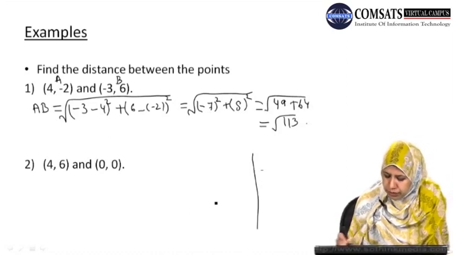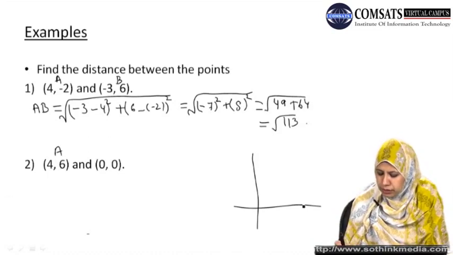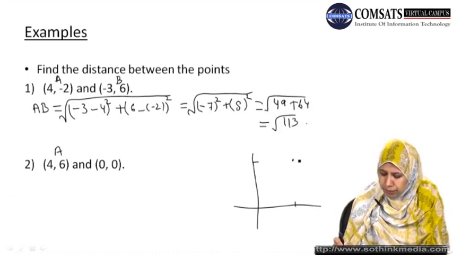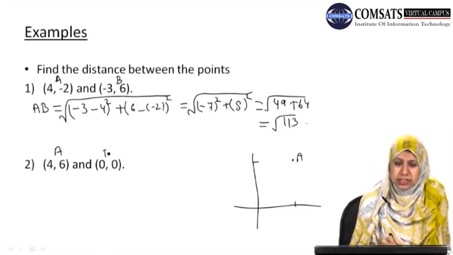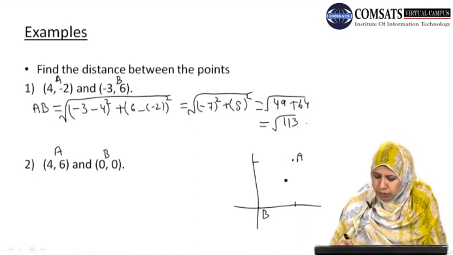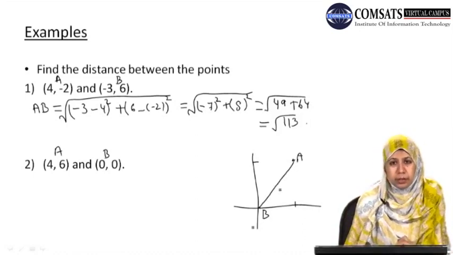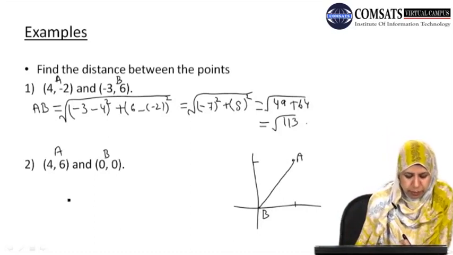Okay, let's have a look at another example. This one seems interesting. We have A with coordinates 4 and 6, and B has coordinates 0, 0. So point B is the origin in this case, and we want to find the length of the line segment joining the points A and B. Very simple.